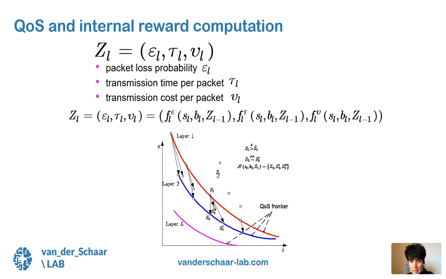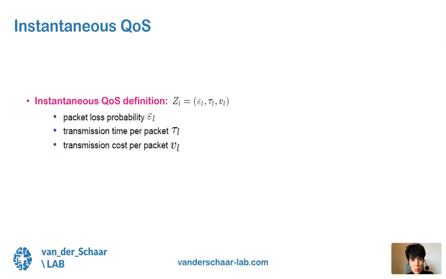It is this Pareto frontier, which we call quality of service frontier, which is communicating to the higher layer. So it is this quality of service frontier that represents the feasible set of operating points for the layers below. Note that there is no point in communicating points that are suboptimal and do not lie on the QoS frontier, because they will never be selected by the higher layer because they do not optimize performance.